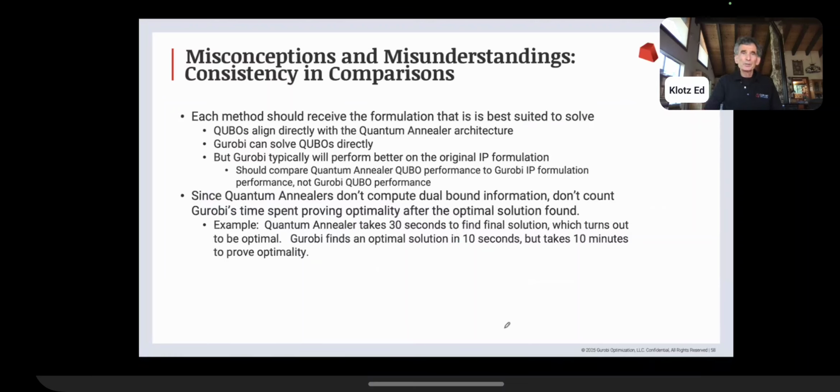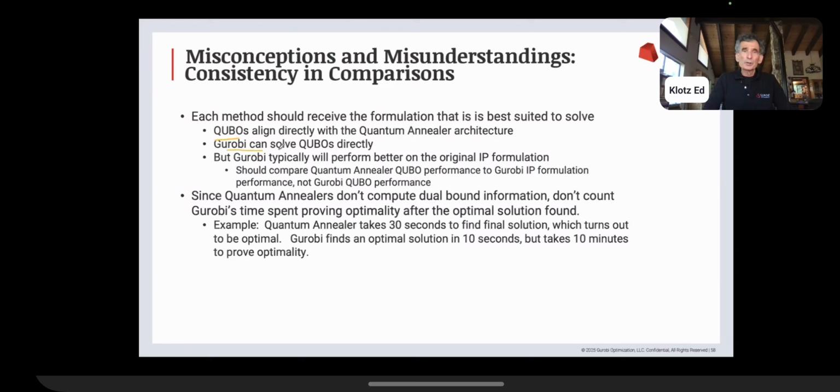Our next misconception is consistency in comparisons. The quantum annealer is really good at handling these QUBOs. The QUBOs align directly with the architecture.